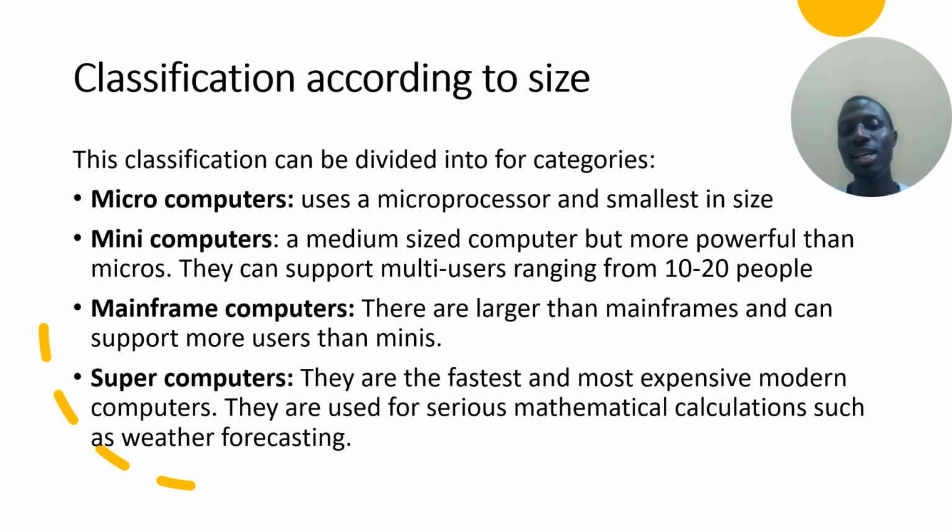Supercomputers are far bigger than any of these three. Supercomputers are the fastest, the biggest, and the most expensive modern computers. They are used for serious mathematical calculations such as weather forecasting, scientific computations, and space exploration activities.